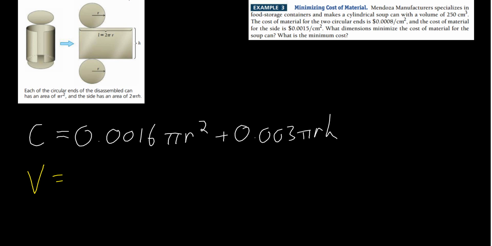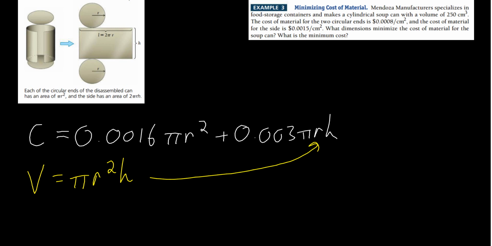So the volume of a cylinder is pi r squared times the height. Again, another thing that you need to memorize because it's the volume of a cylinder. It's used often. So what we're gonna do is solve this for h.